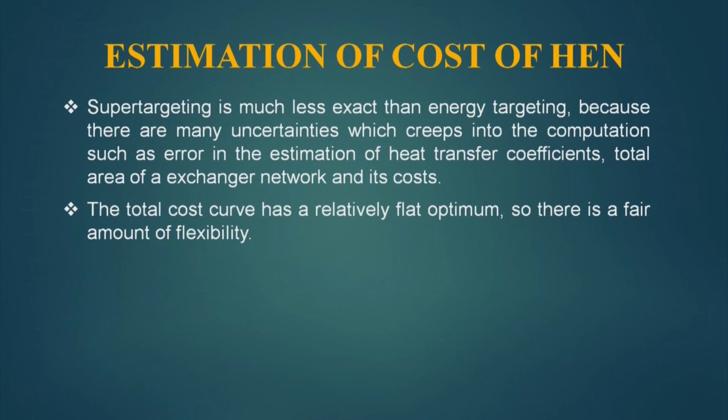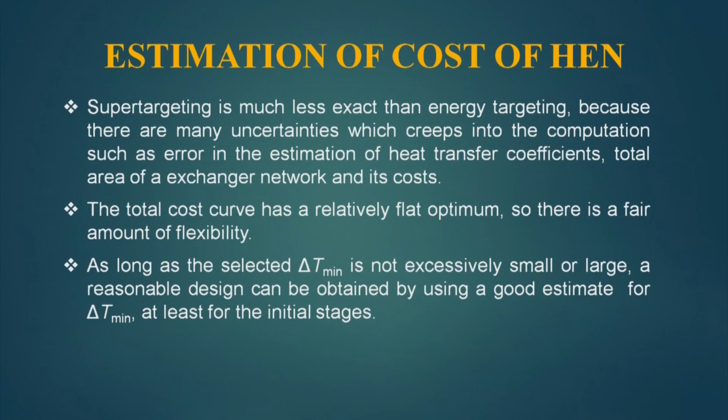The total cost curve, that is the TAC curve, has a relatively flat optimum. This we have seen, it has a flat optimum. So, there is a fair amount of flexibility. You do not need a razor sharp optimum delta T minimum.